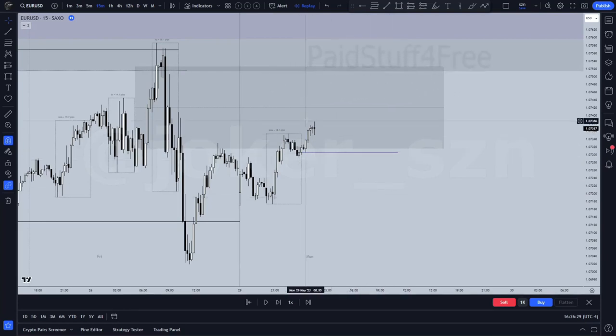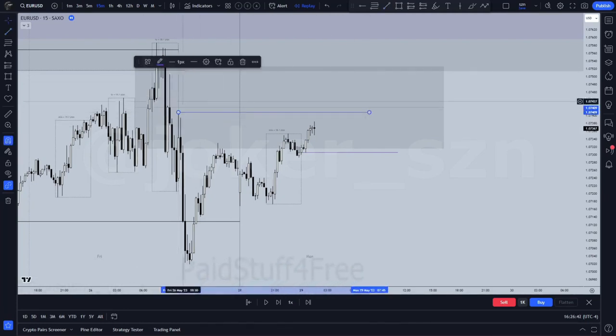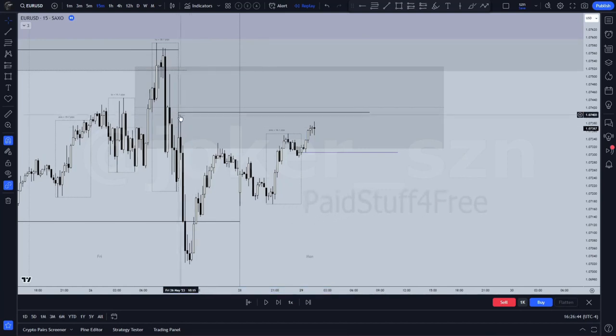So if we anticipate London to make the high of the day above the Asian highs into our higher time frame PD area here, we also have a short-term high on the M15 here, so we could also see a potential run of stops right here. So a run of stops of counterparty liquidity, and then we want to see London making a high here, and then we want to look for a shift in order flow to confirm on the lower time frames our idea, right?